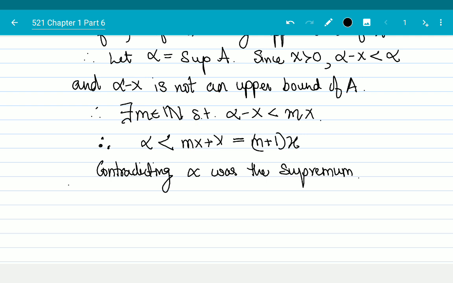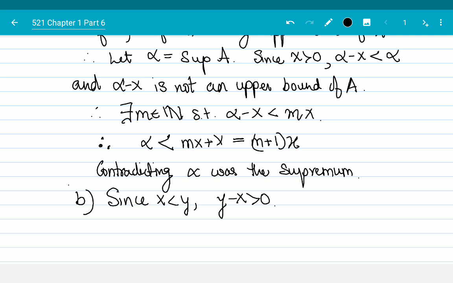Okay, and so such a supremum cannot exist, and that is why we have that this set is unbounded. Okay, and that allows us to do part B. Since x is smaller than y, I have that y minus x is greater than 0.